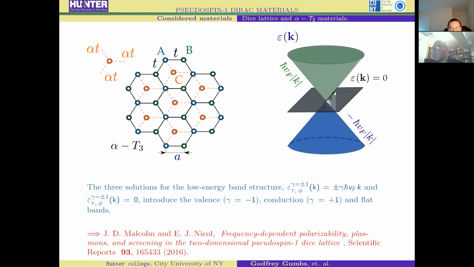Now, as you know, graphene has a honeycomb lattice, which consists of two interpenetrating lattices with A and B atoms. And here I'm showing the lattice structure where we have the A and B atoms.